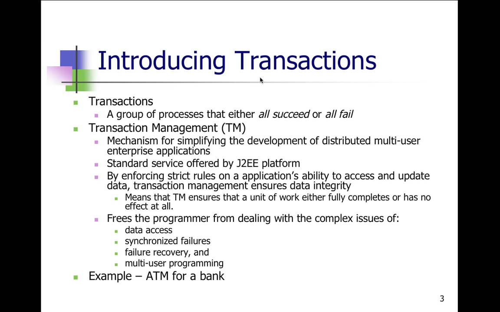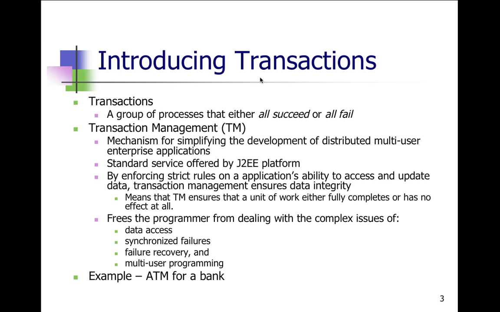When we think about databases, take an ATM machine as an example. The customer goes up to the ATM machine and they're going to withdraw money, and then the power goes out halfway through their transaction. They've put their card in, they've authenticated themselves with a password, they've selected the account, they selected withdrawal, and then it said, okay, now dispensing your money, and then the power goes out on the machine.